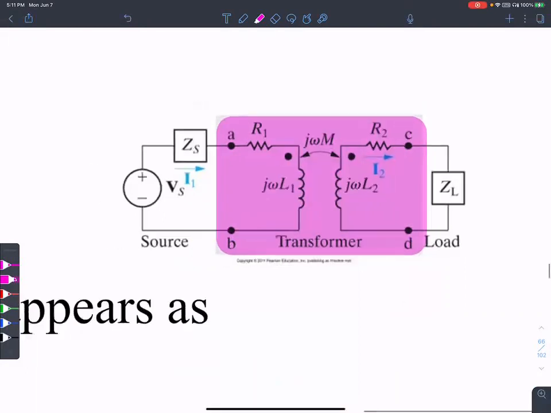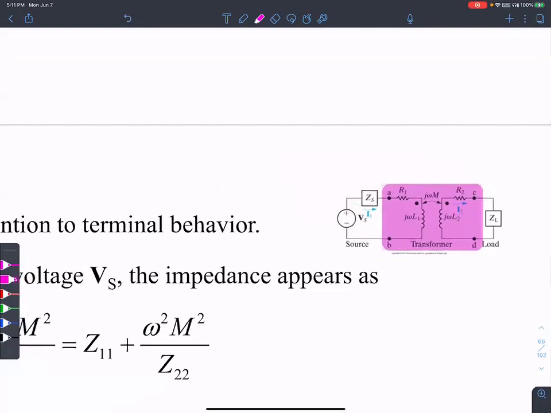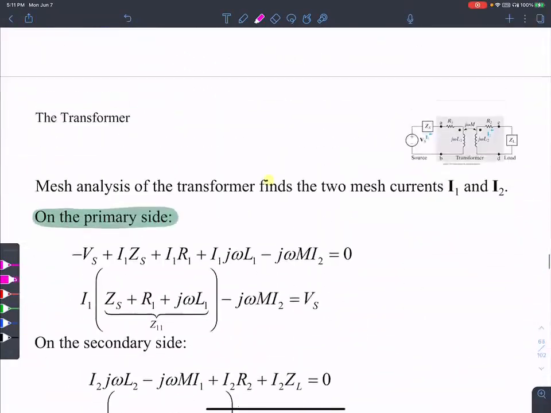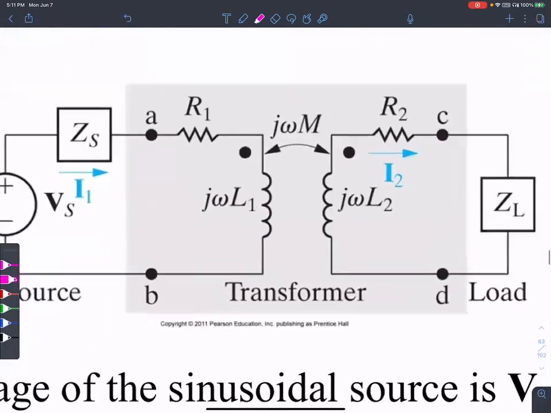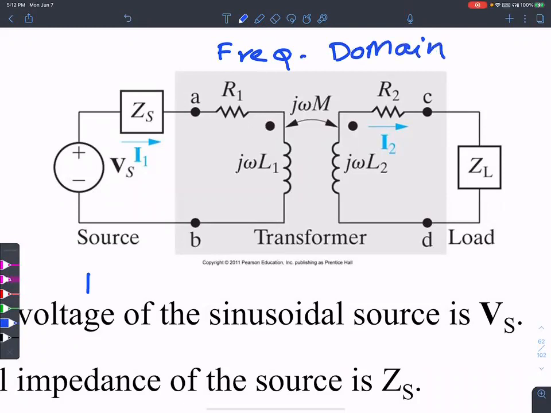Let's take a quick 2-minute pause here and review what we did so far. So far all we have done is to look at a transformer that looks like this, in its frequency domain. I wrote KVL on the left-hand loop, and we also wrote KVL in the right-hand loop.